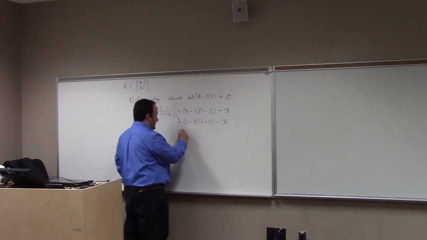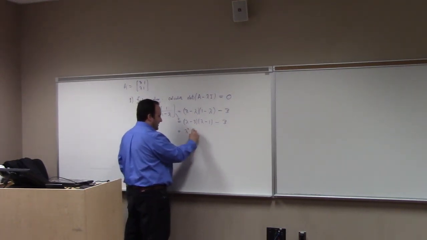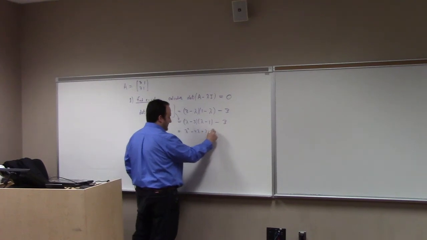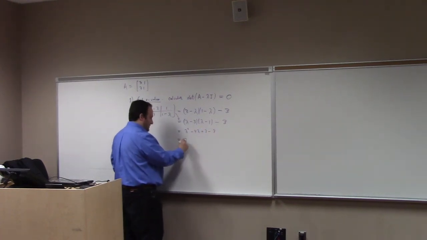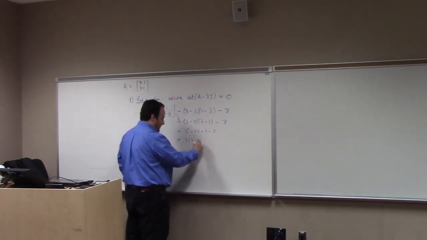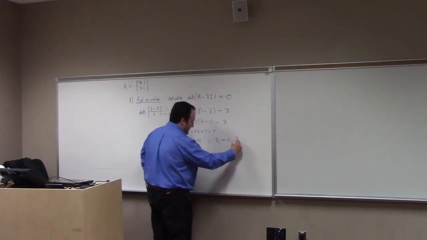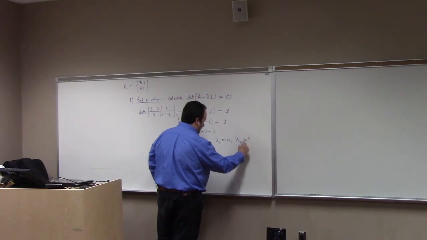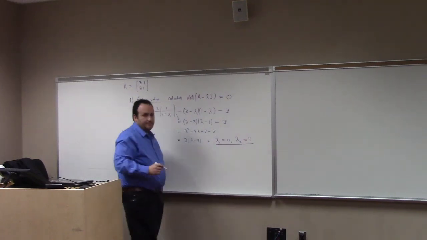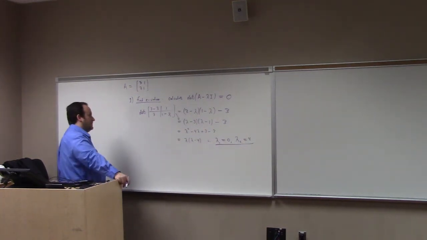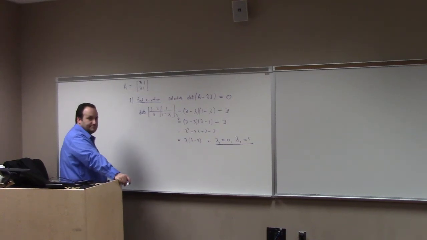Anyway, so this gives me lambda squared minus 4 lambda plus 3 minus 3. Aha! So that's lambda times lambda minus 4. Therefore, lambda 1 is 0, and lambda 2 is 4. There you go. Them's your eigenvalues, 0 and 4.